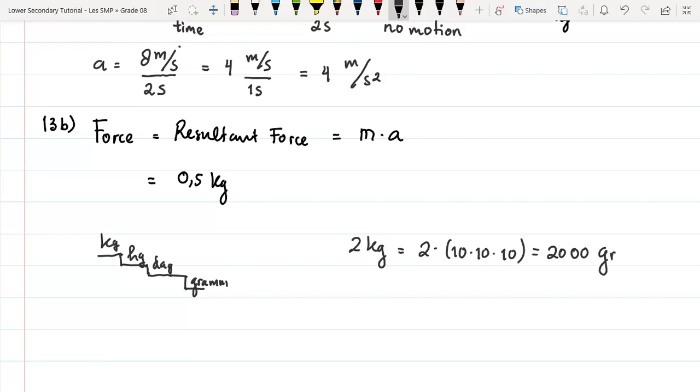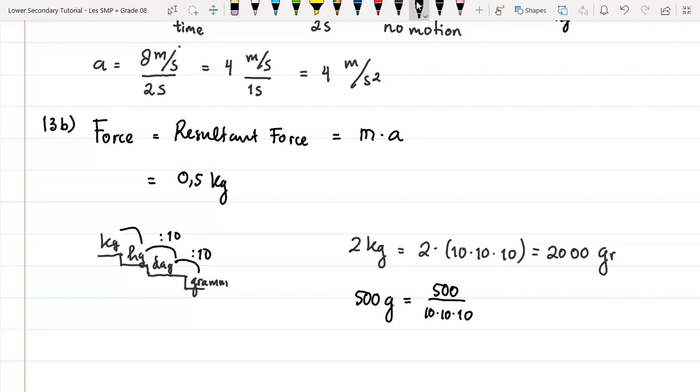On the other hand, if you have now 500 gram, it's just like 500 divided by 10, 10, 10. Why is it? Because if you go one step, you divide by 10. If you go one step again, divide by 10.